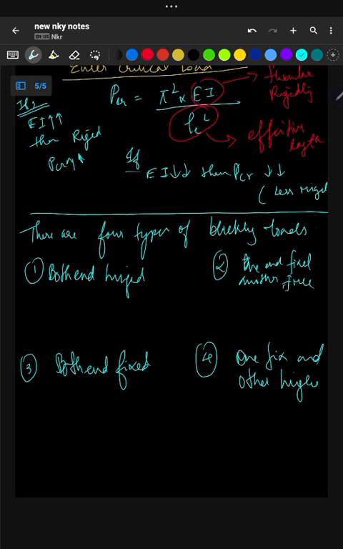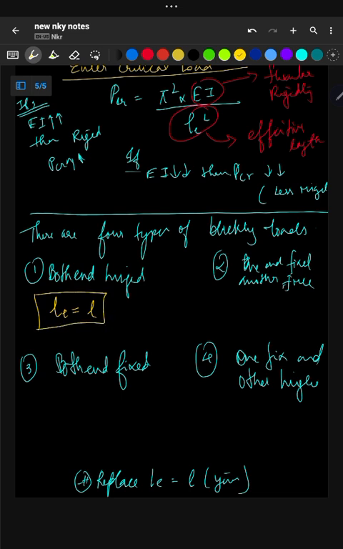You only have to replace LE by the given L. In the first case, LE equals L. In the second, LE equals 2L because it is hard to buckle at fixed ends.